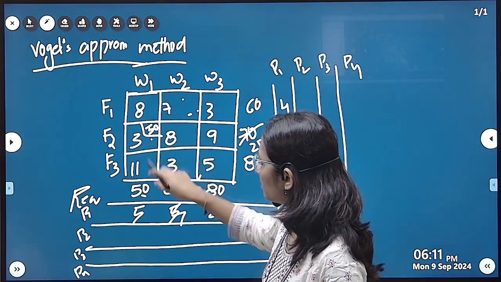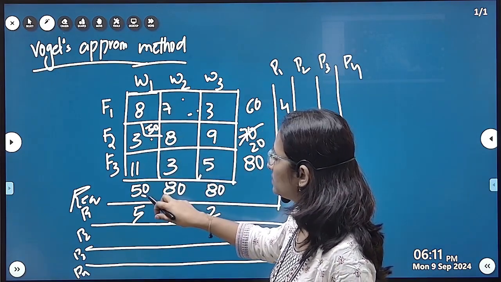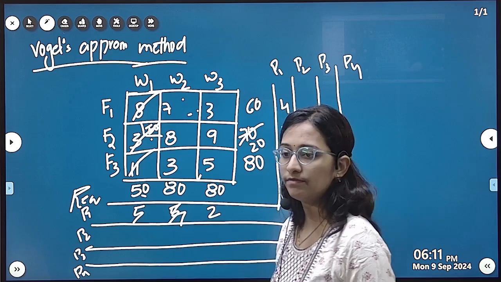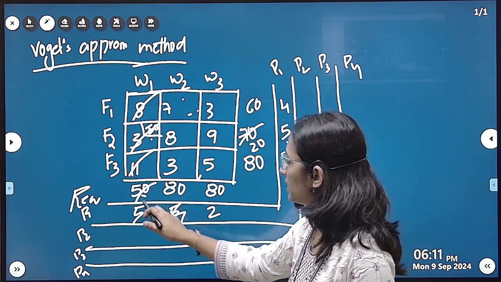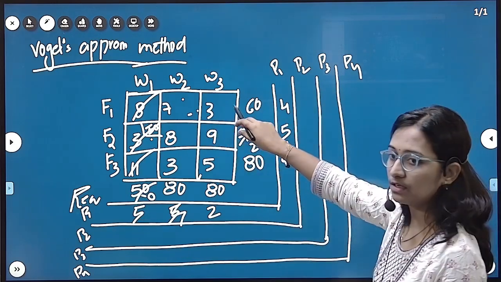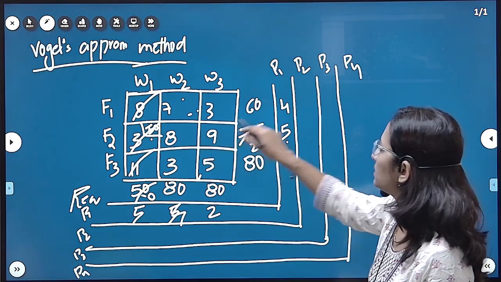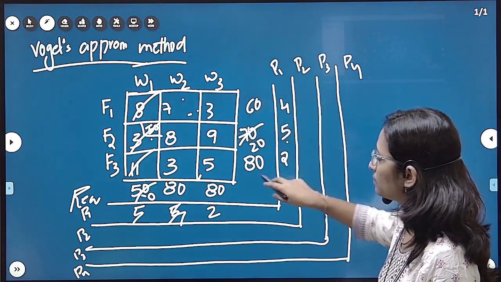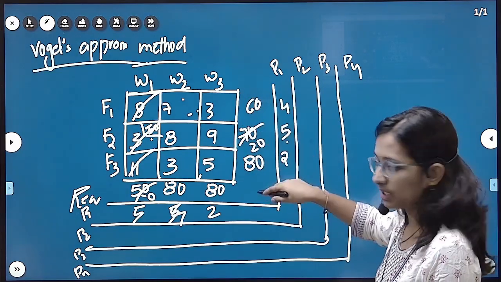So we have W1 has required 50, we gave 50, so now this column will be cancelled, okay, make it as 0. So the next P2, 7 minus 3, next remaining numbers are 7 minus 3. If the matrix is for 4 into 4, now there will be another number, no?